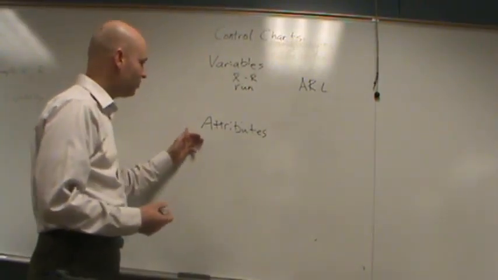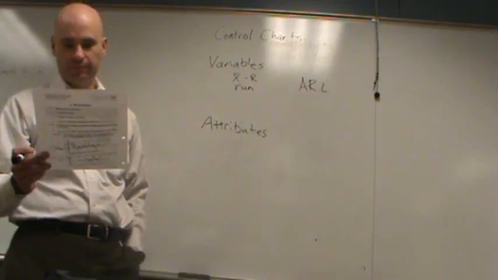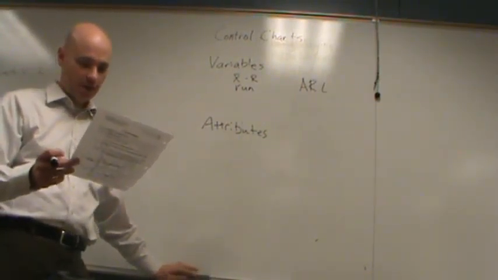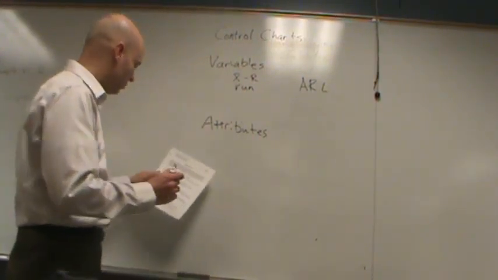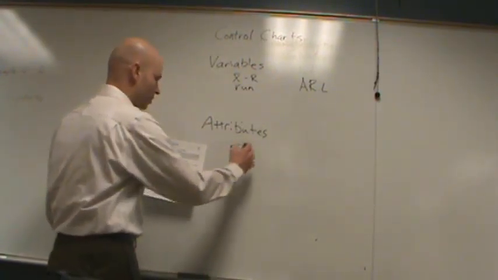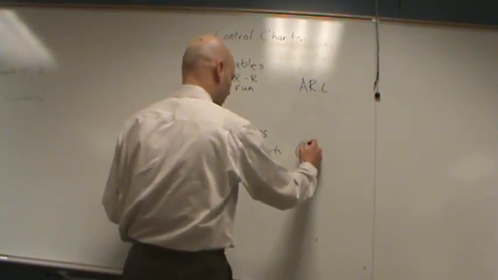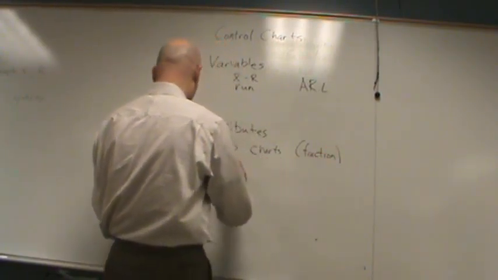We also have attributes, and what are attributes? Those will be things such as defective, pass-fail. So I'm going to list a couple of these. P charts, which are fraction or proportion defective.